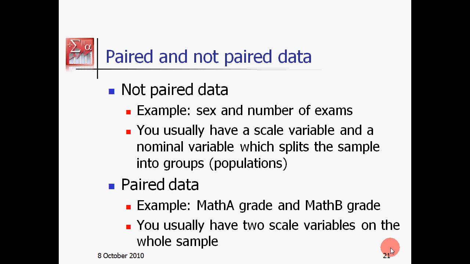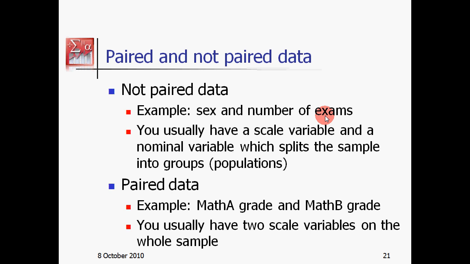So here we are talking about a situation in which you have two sets of data, of scale data. Okay. There are two possibilities. The first one, your data are not paired. For example, sex and number of exams. You have a set of number of exams for male and another set of number of exams for female.